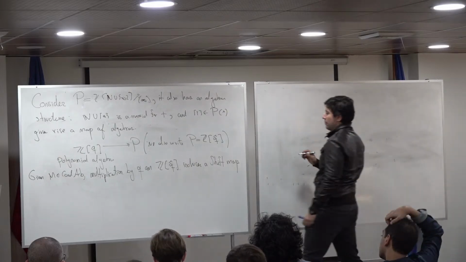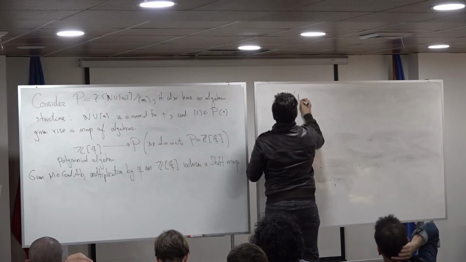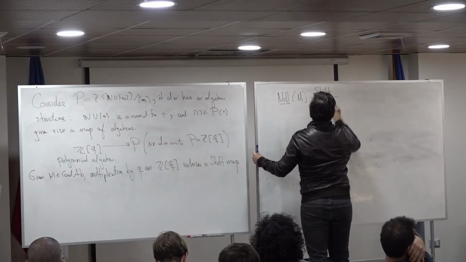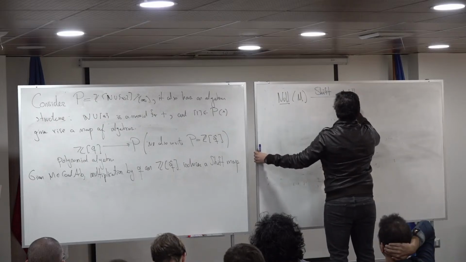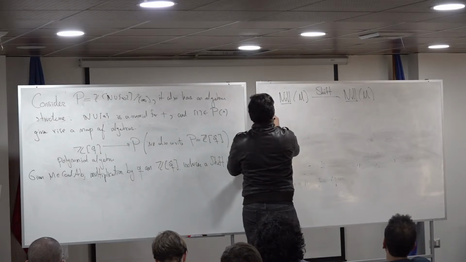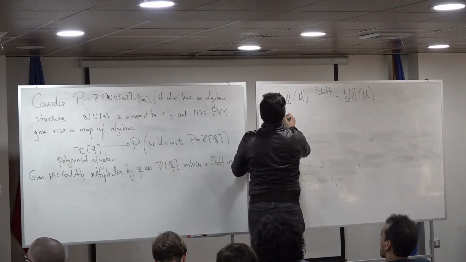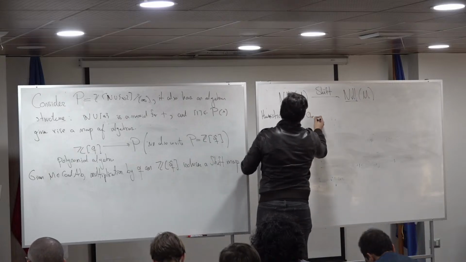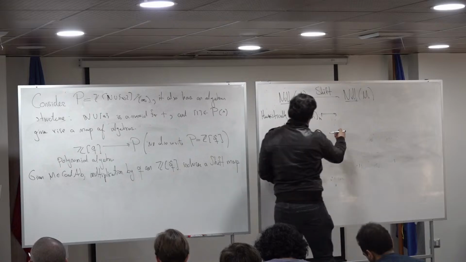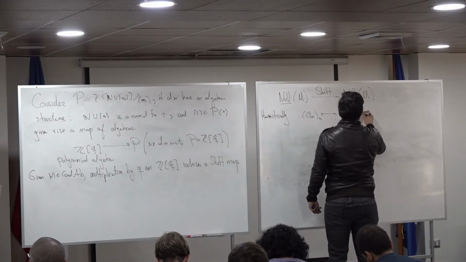So this is a shift map from the null sequences of M to the null sequences of M that heuristically sends a null sequence a_n to the sequence but shifted by 1, sorry, plus 1.